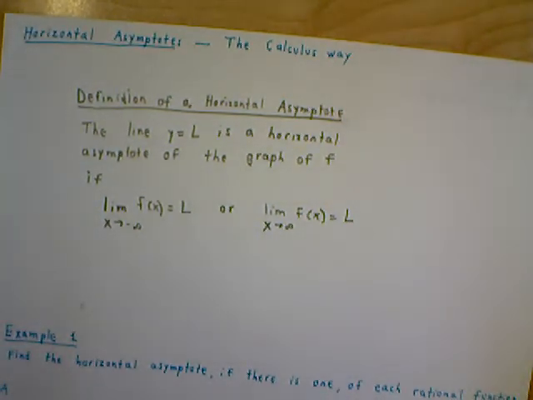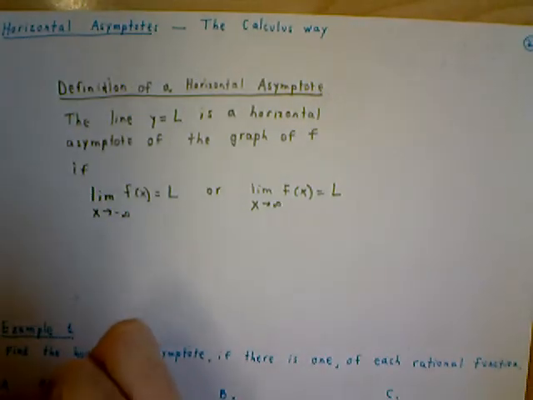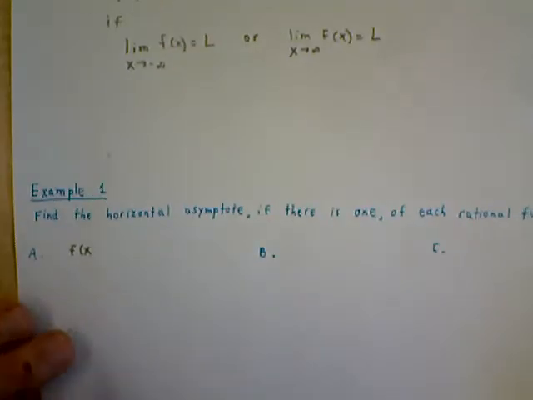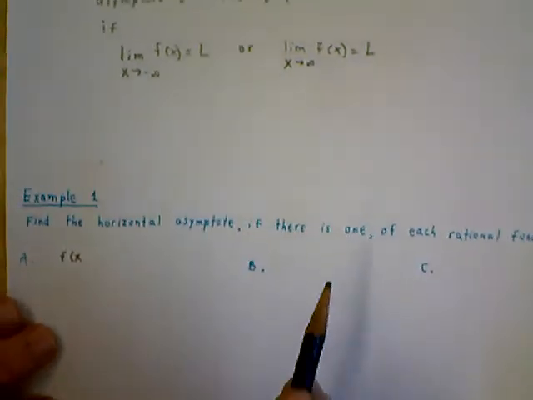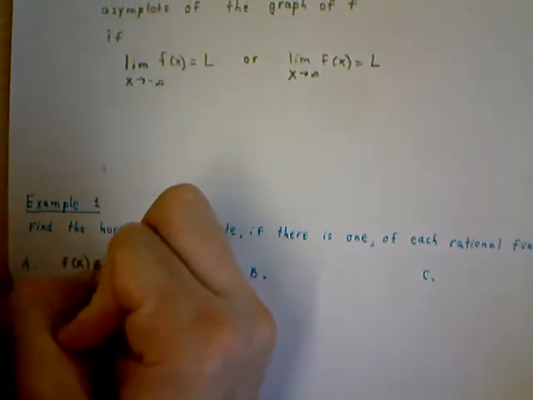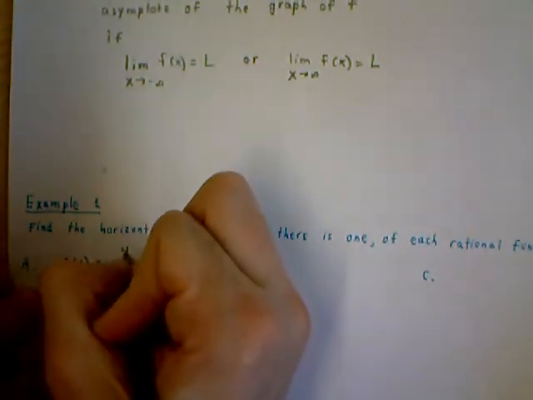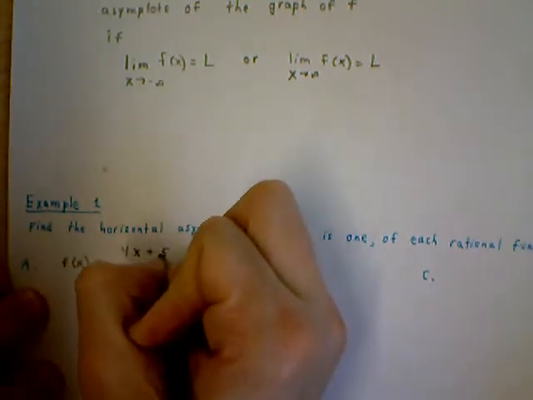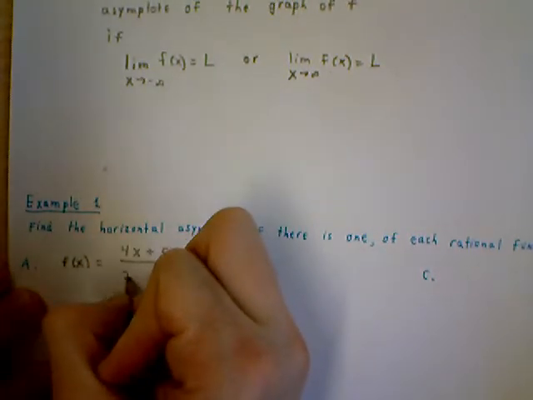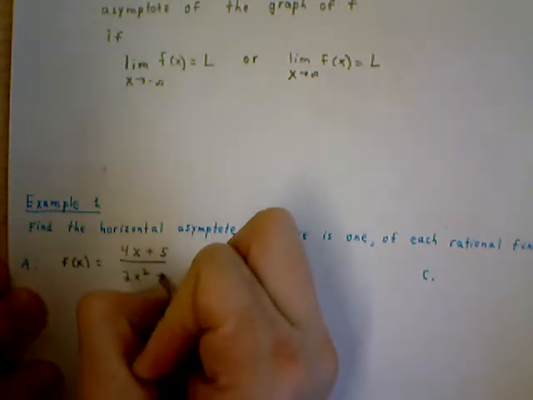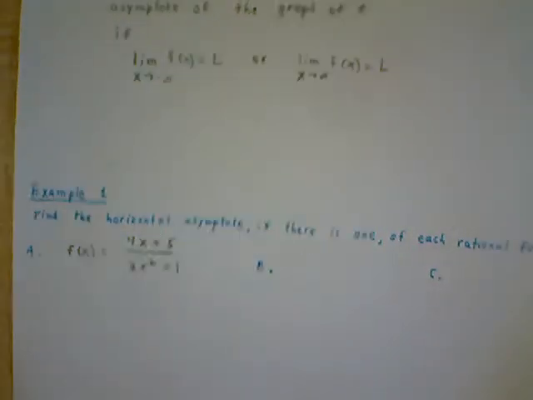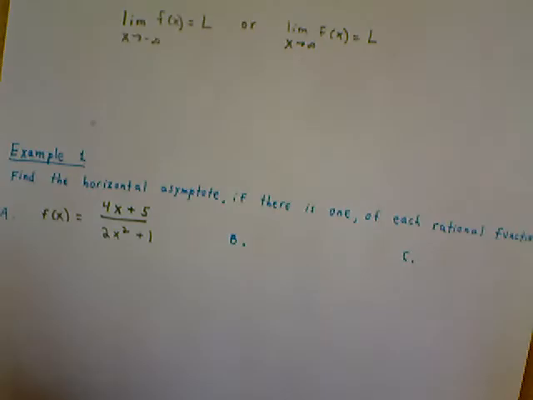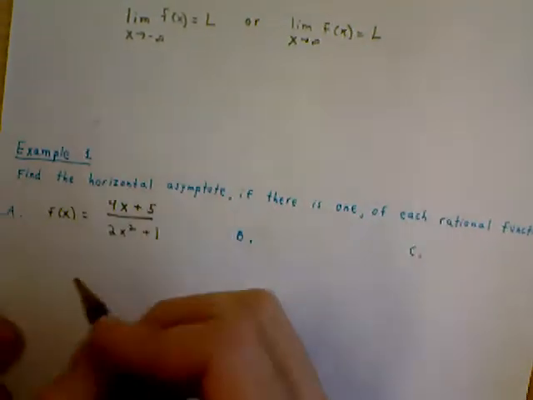So let's take a look here. We'll start off here with number 1. Find the horizontal asymptote, if there is one, of each rational function. So f of x equals 4x plus 5 over 2x squared plus 1. Now just like from class, we're going to go ahead and find the limit.